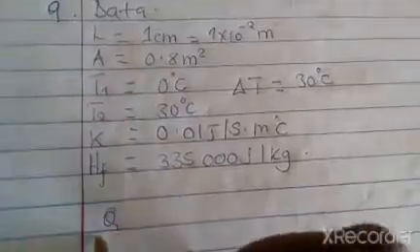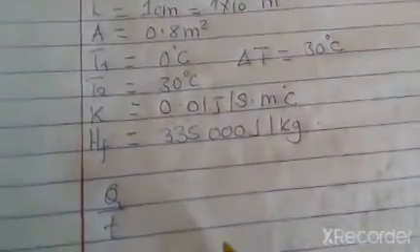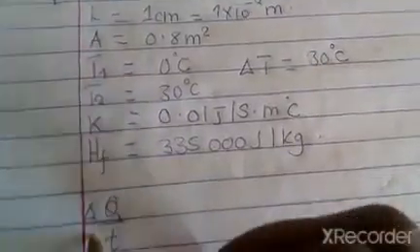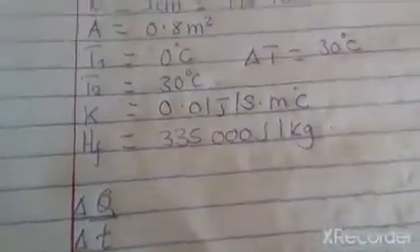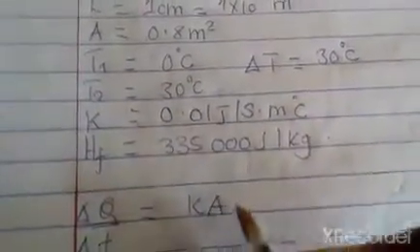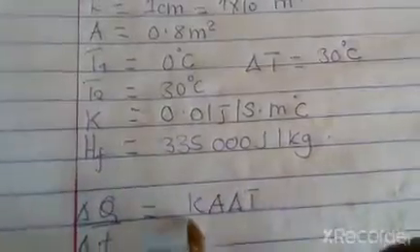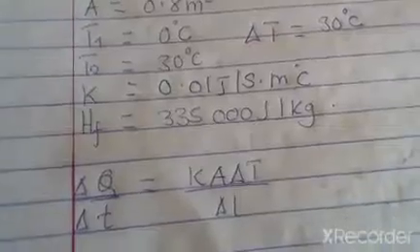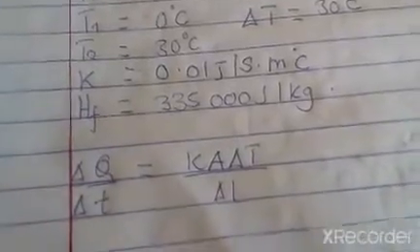All right, now we know that the rate of heat transfer is heat divided by time, or dQ divided by dt. This is also equal to the constant K multiplied by the area multiplied by the change in temperature, everything divided by the thickness.